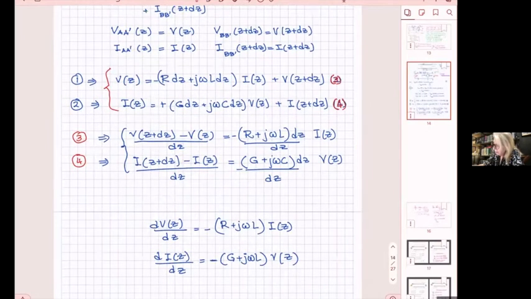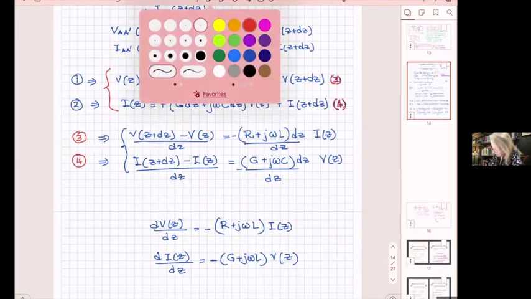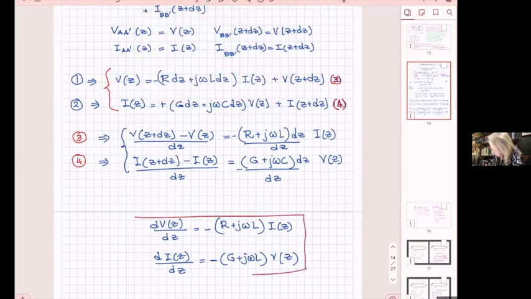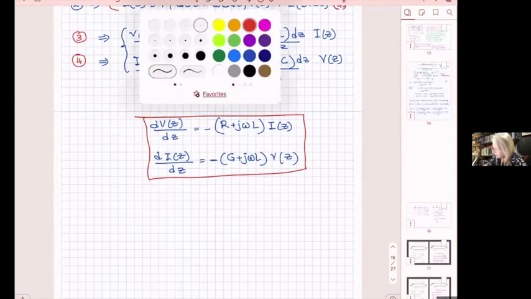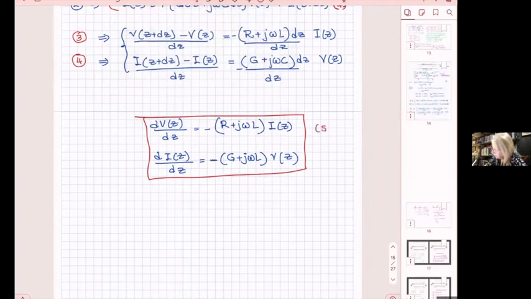So now we have this set of equations. Very important equations. You need to remember them. But we're going to take one more step here, which is to take the second derivative. Let me call this equation 5, and this equation 6.